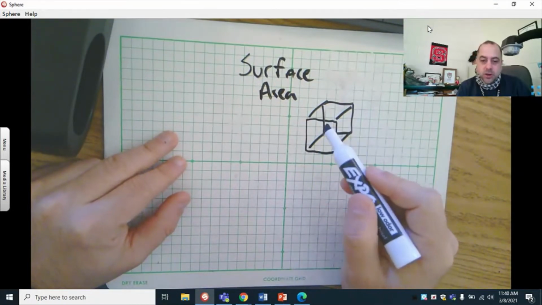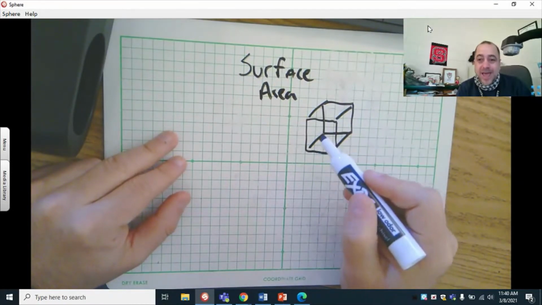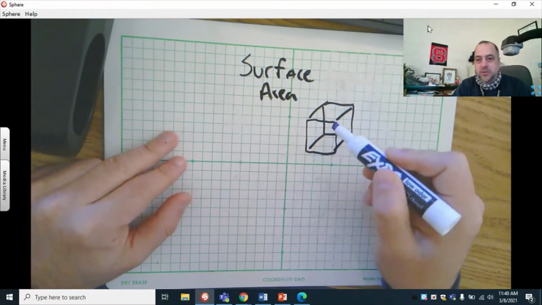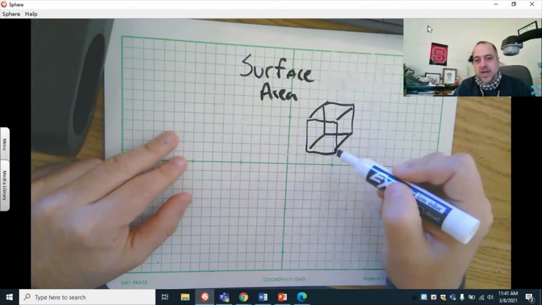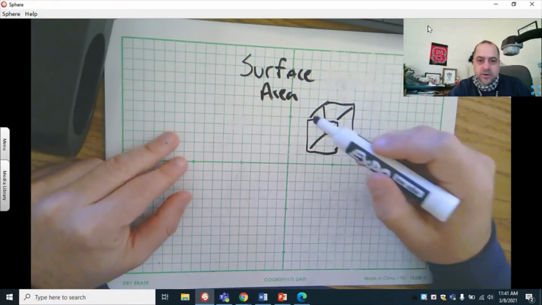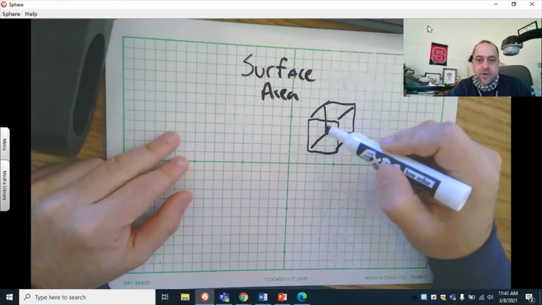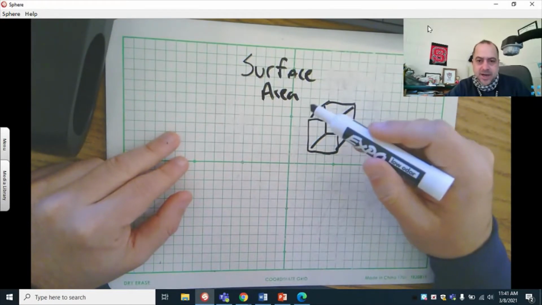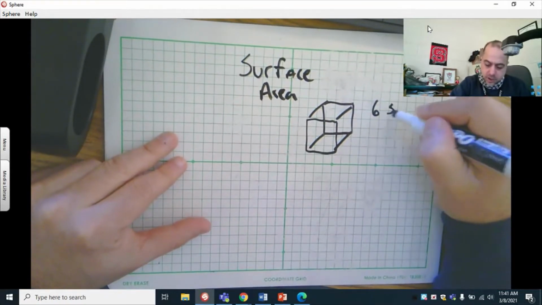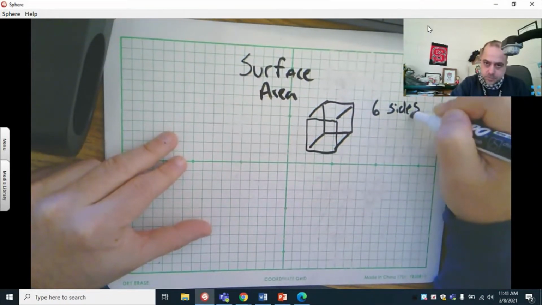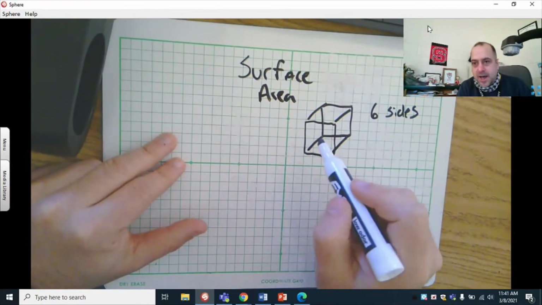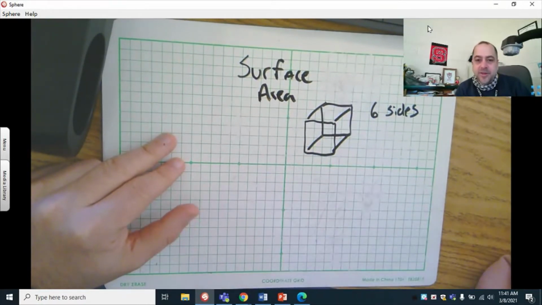On a cube like this, or on this rectangular prism, these are called prisms when they're 3D like this. There's 6 different surfaces. Aren't there 6 sides to this, right? Front, back, sides, top, bottom. There's 6 sides on this shape. So you have to find the area of all the sides and then add them together.